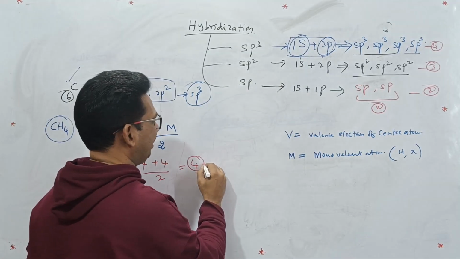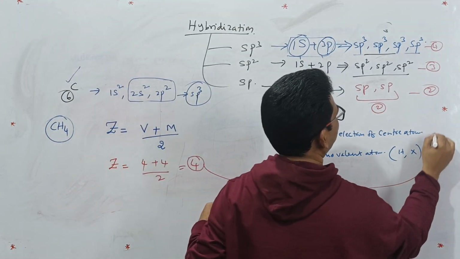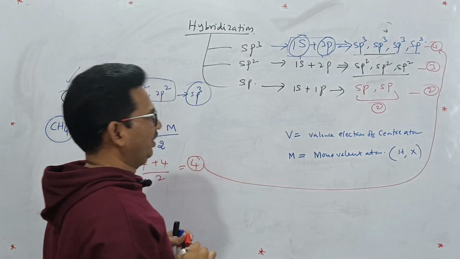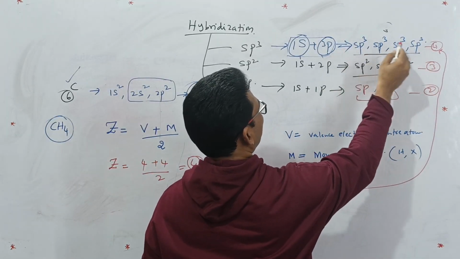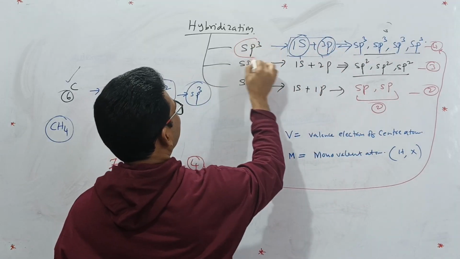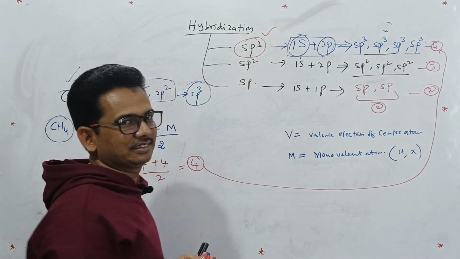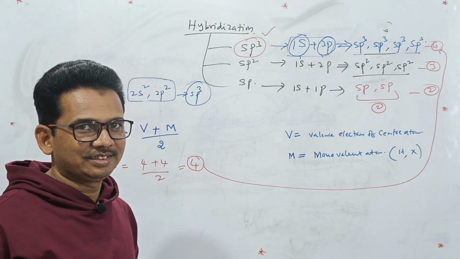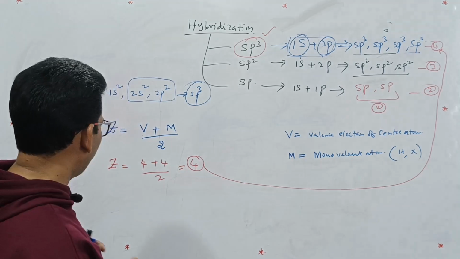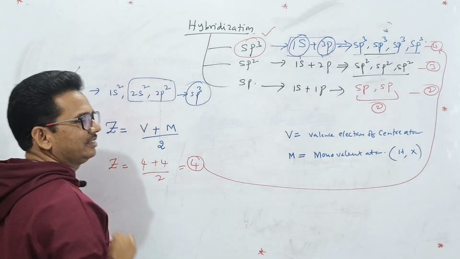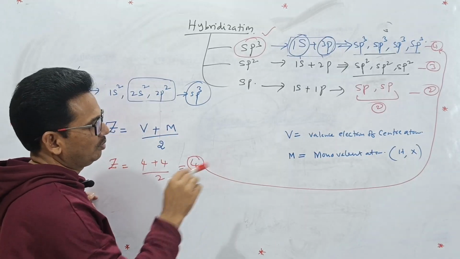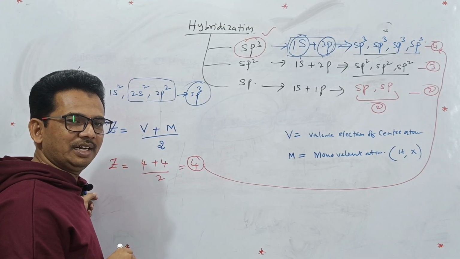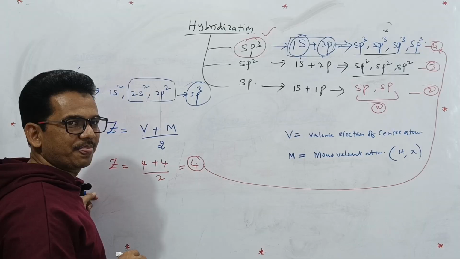Total equivalent orbitals, how many are going to be produced? 4. 4 equivalent orbitals means what type of hybridization? sp3. Understand? Okay. For that what did we require? Center atom valence electrons plus monovalent atoms attached to that center.